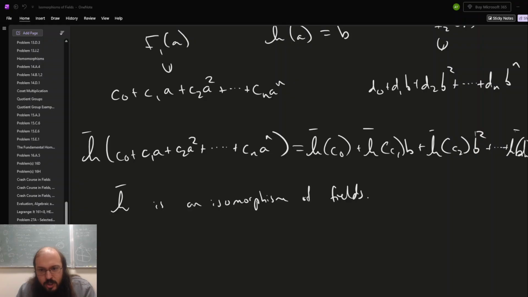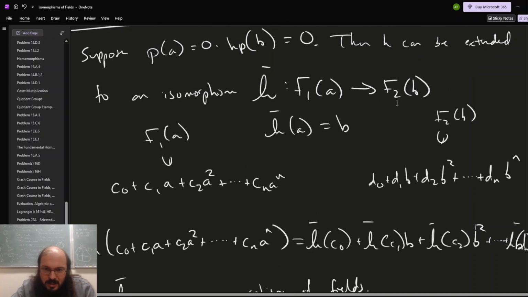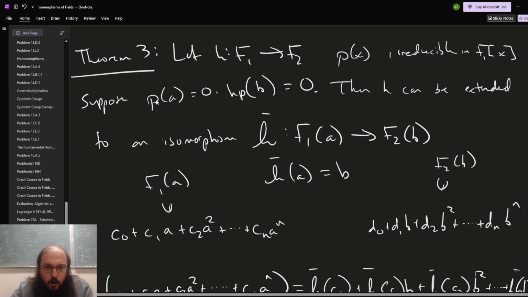I suppose I have to check that it's bijective, but again, it kind of has to be because along the normal constants, I'm using an isomorphism of fields already. And so sending polynomials to polynomials is also kind of trivial. For all these reasons, this is essentially forced to be an isomorphism. And I've mapped the polynomial p exactly onto its counterpart, hp.